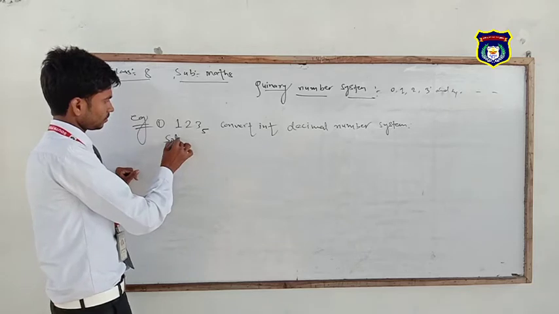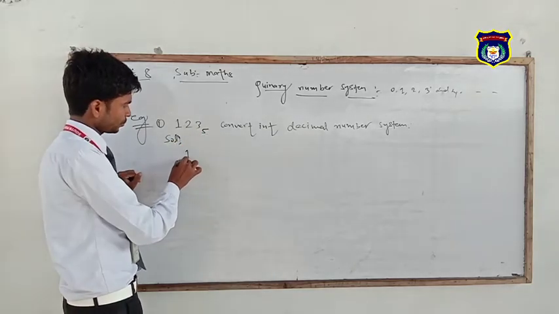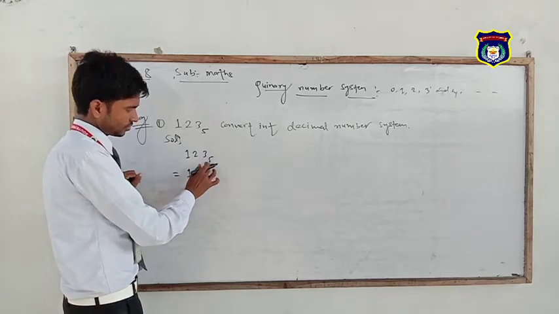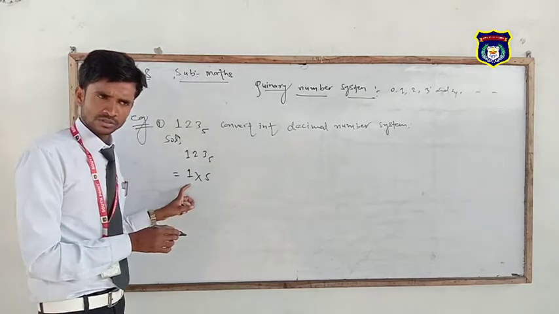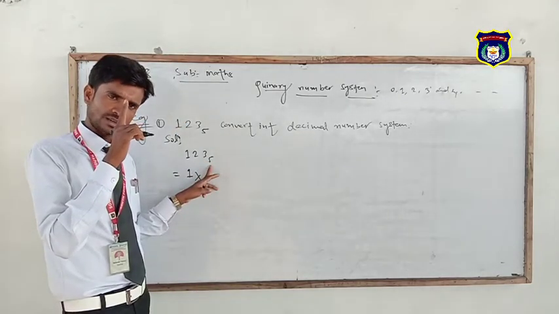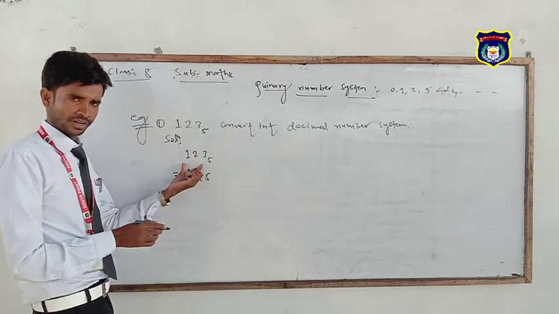Solution: its base is 5, so you multiply by 5. In binary systems, we multiply by 2 because their base is 2. Here the base is 5.